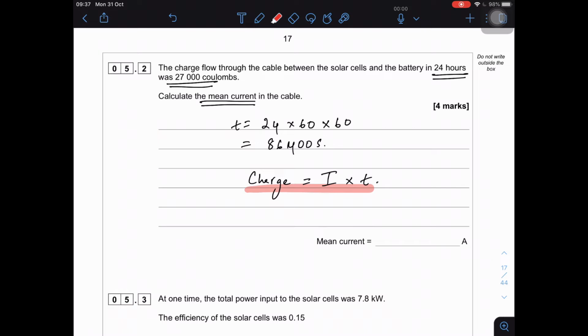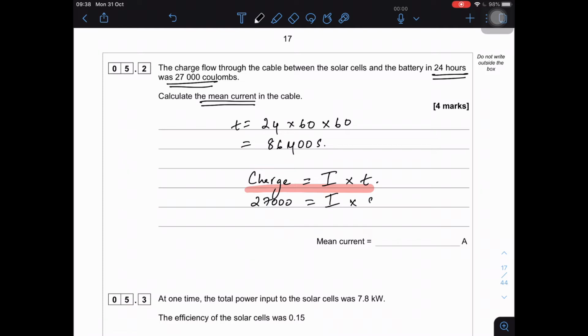Actually, let's put the values. The charge is given, which is 27000, equals what? I is not given, you need to measure it, times t.